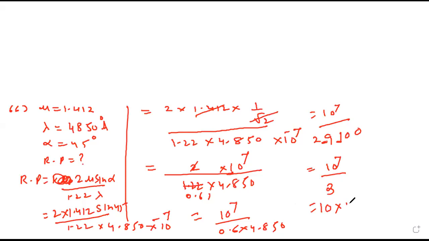So I can write 10 into 10 raised to 6 upon 3. That is close to 3.33 into 10 raised to 6. Actually it is slightly more than this, because the denominator has increased, so I got a smaller answer. So the answer is 3.37 into 10 raised to 6. Sorry.